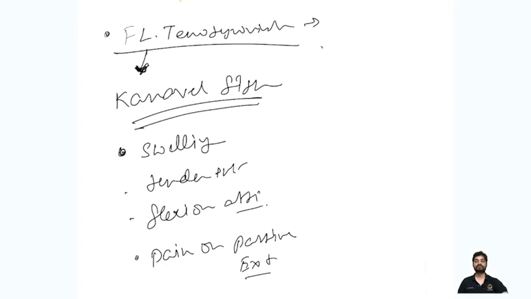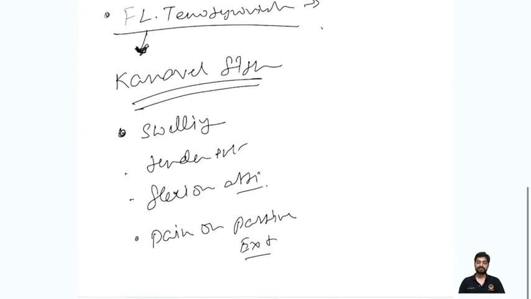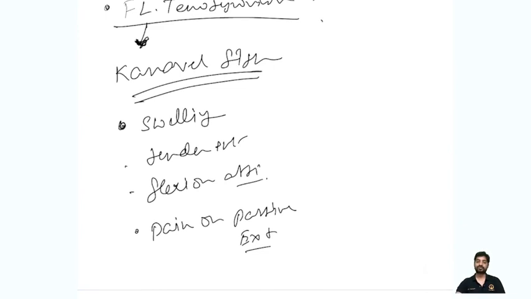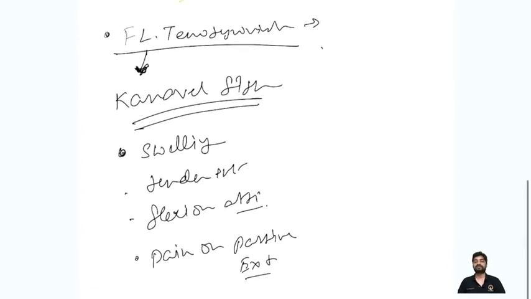So these four parts are collectively known as your Kanavel sign, and Kanavel sign is seen in your flexor tenosynovitis of your finger.